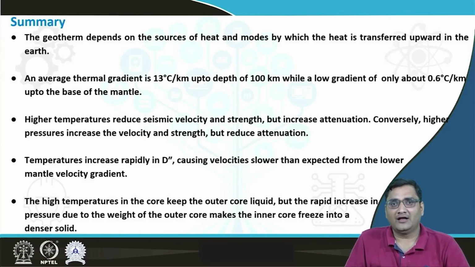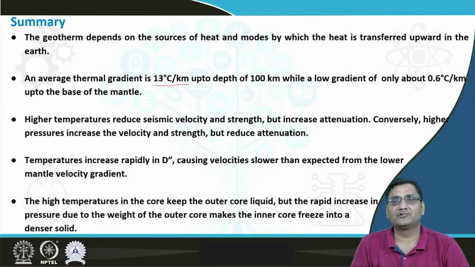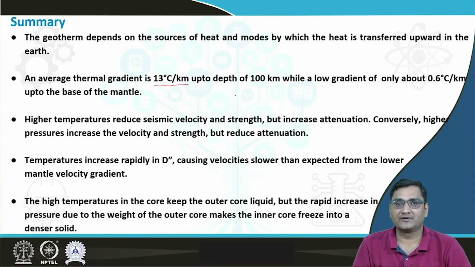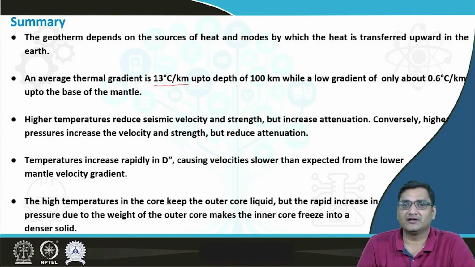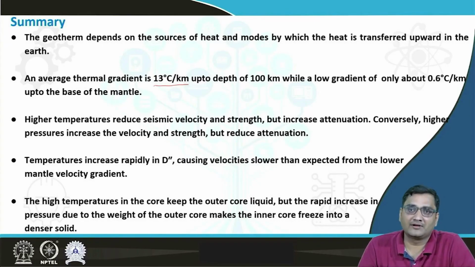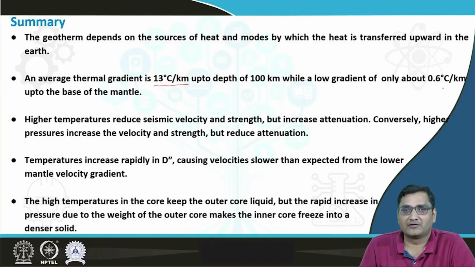The average thermal gradient is 13 degrees C per kilometer up to a depth of 100 kilometer, after which it has an adiabatic process where the temperature increases very slowly, and thereafter we have a high thermal gradient at the D double prime layer. The low gradient in the middle mantle is about 0.6 degrees centigrade per kilometer.